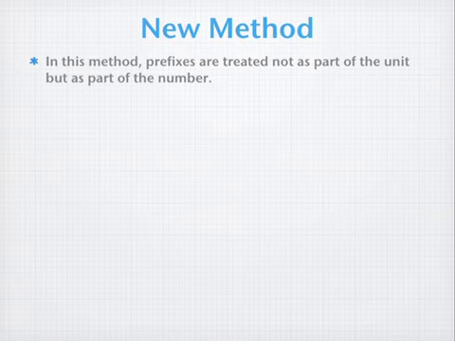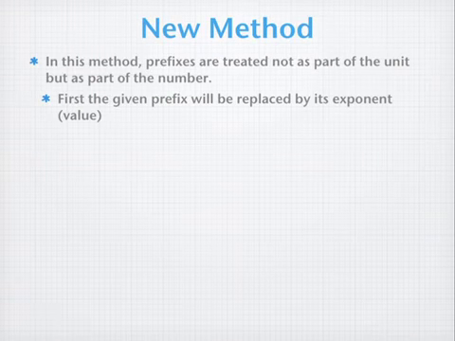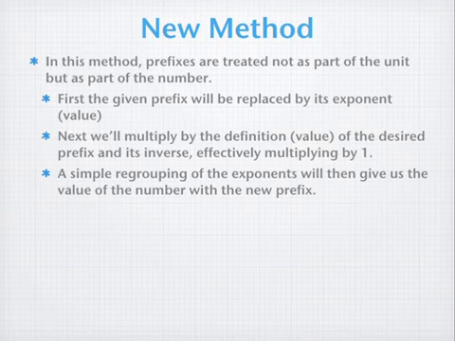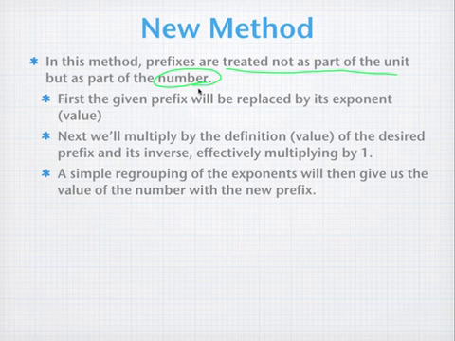All right, so to help some of you along, sometimes you don't have to do that method, and we have a new method that I learned last year that helps people who have a little difficulty in putting together the conversion factors as I've shown you. In this method, the prefixes are treated not as part of the unit, but as part of the number itself. We're going to replace the prefix by its exponent in the number, the value.